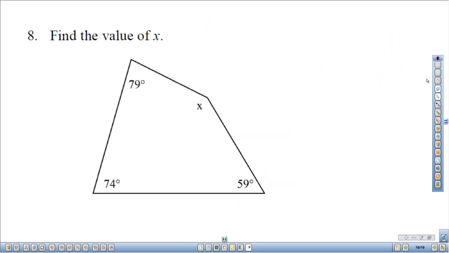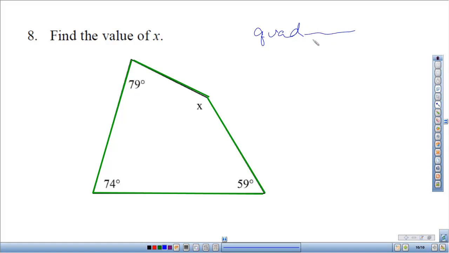All right, here is problem number 8. They give us this funny shaped polygon and ask us to figure out the value of this obtuse angle right here. And maybe what I'll have us notice first is that this polygon has 1, 2, 3, 4 sides. So what would we call it? We would call it a quadrilateral, right?